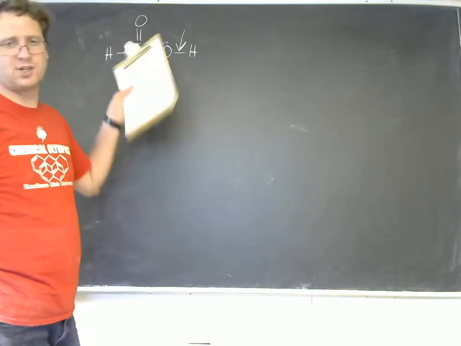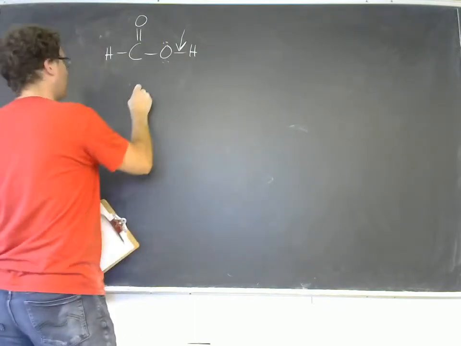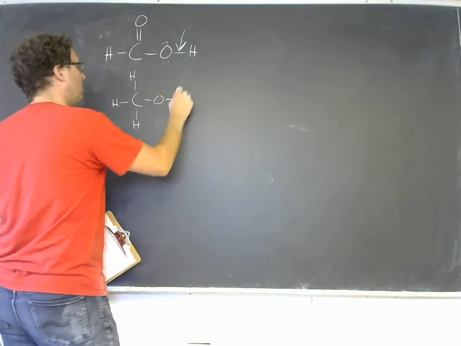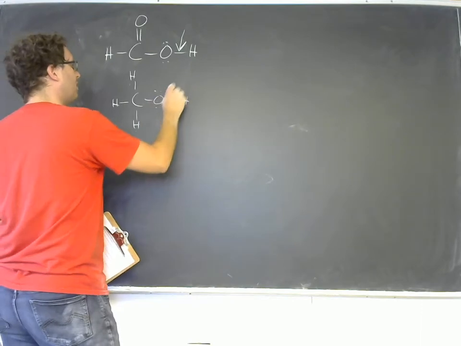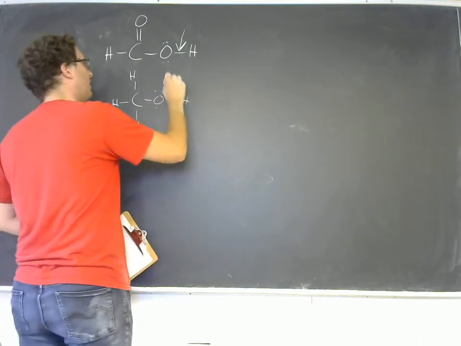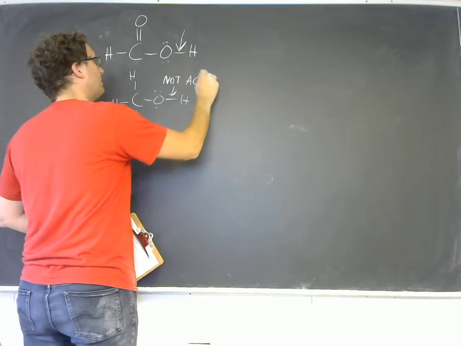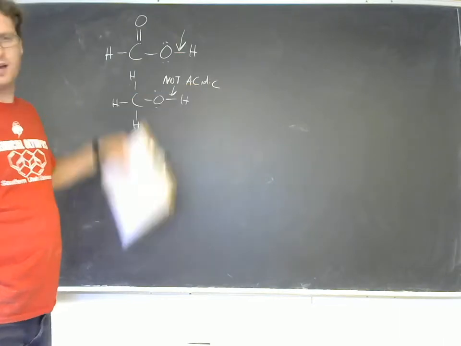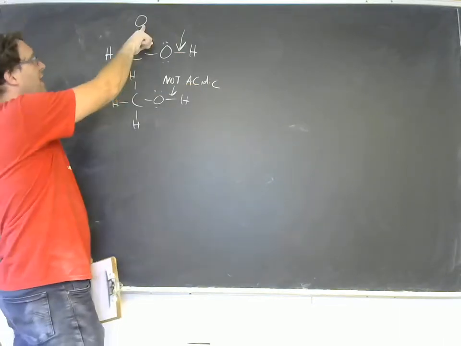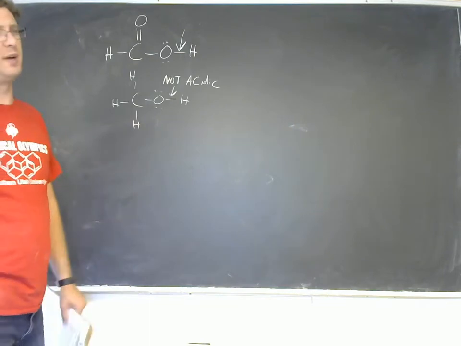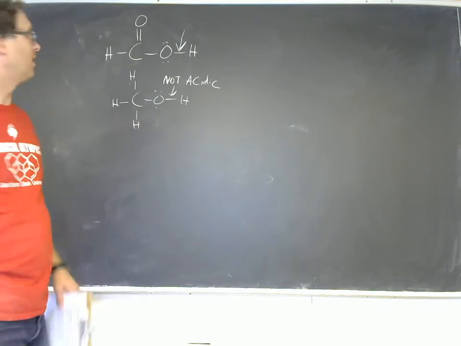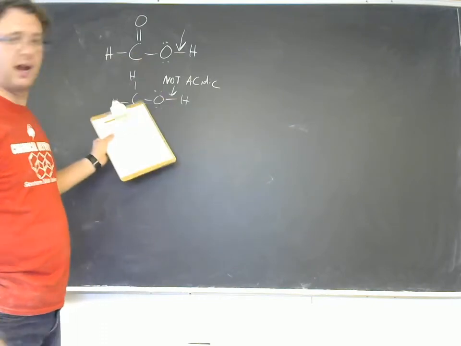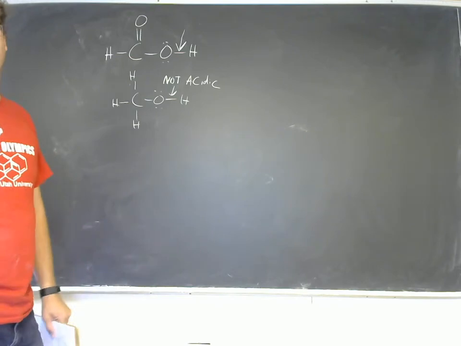It's an oxygen-hydrogen bond, and we can compare that to something like methanol, which has a hydrogen-oxygen bond, but it is not acidic. So what is the difference between this hydrogen-oxygen bond and that hydrogen-oxygen bond? Well, true, we do have an electron withdrawing group right there, but that's not enough to account for the exceptionally large acid strength of carboxylic acids compared to alcohols that are similar in structure.